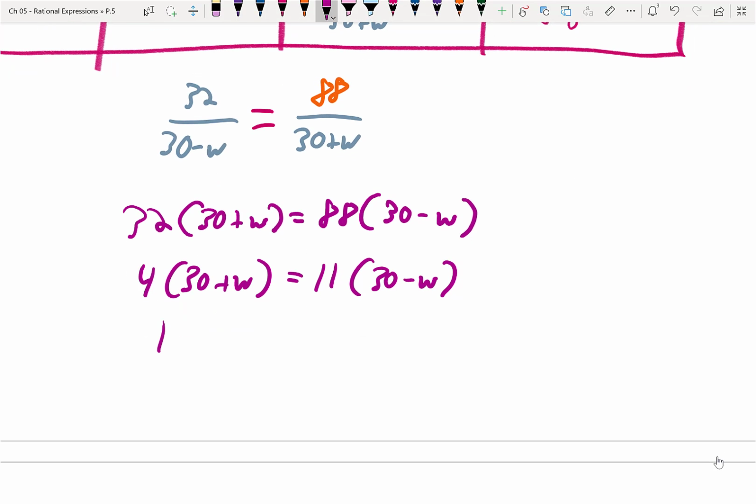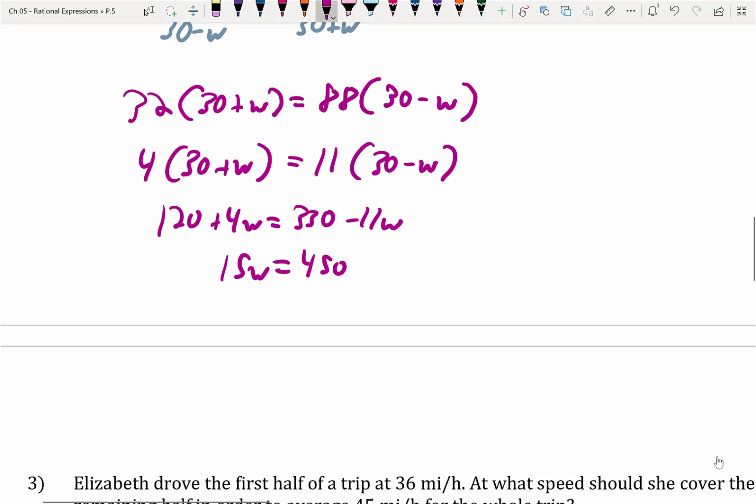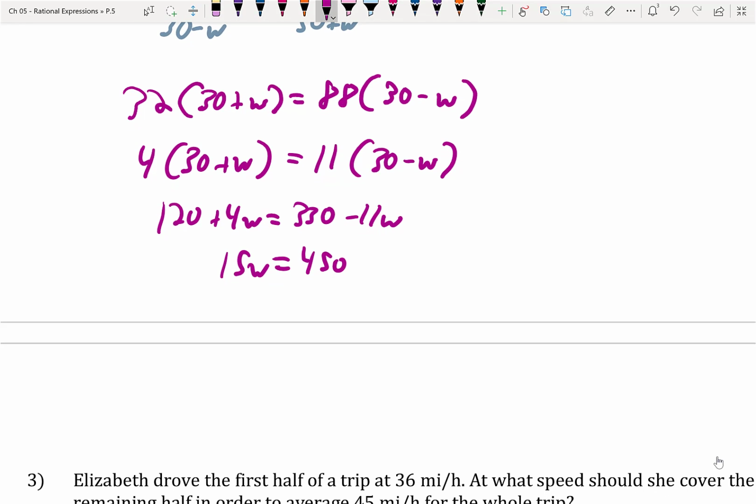Now distribute: 120 plus 4W equals 11 times 30, which is 330, minus 11W, so 15W is equal to 450. 15 goes into 45 three times, so W would be 30.